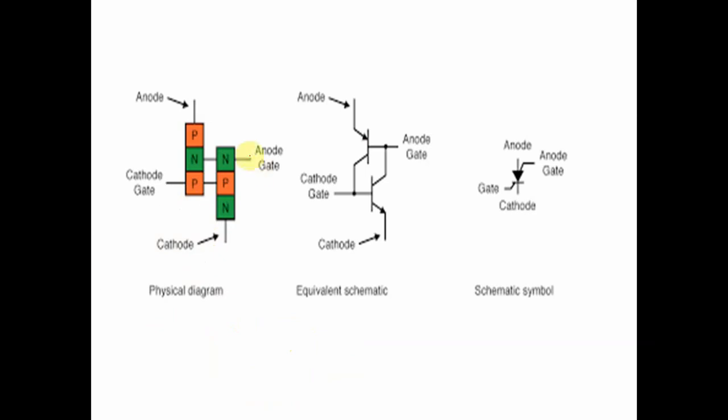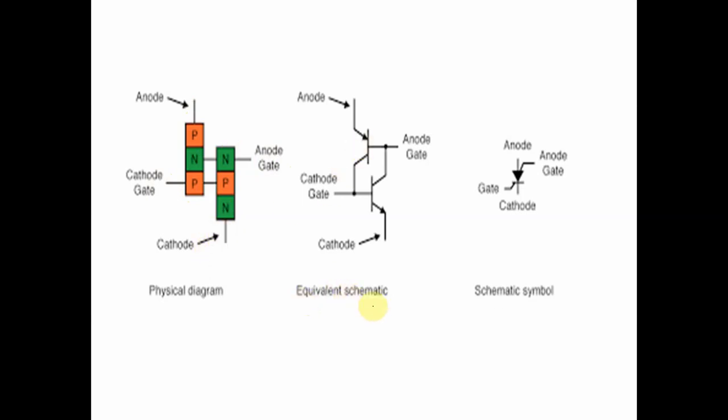Here the base is connected to the collector side of the NPN transistor, and this base is connected to the collector side of the PNP transistor. Here the cathode gate is present. Here the anode gate is present. This terminal is the anode and this terminal is the cathode. It is similar to the SCR.